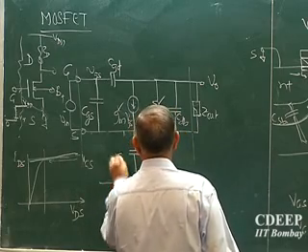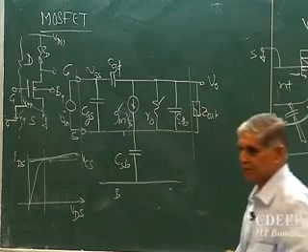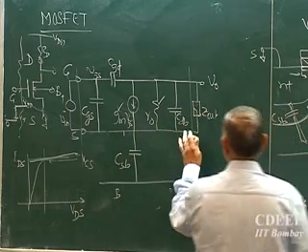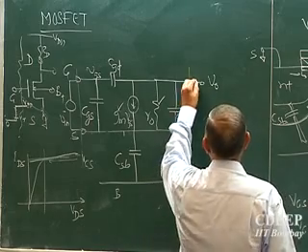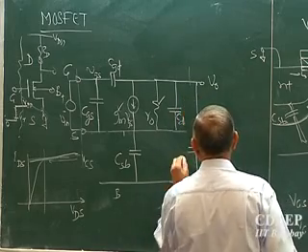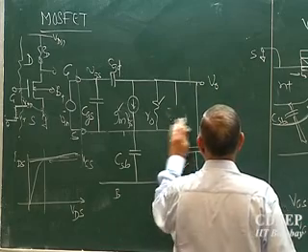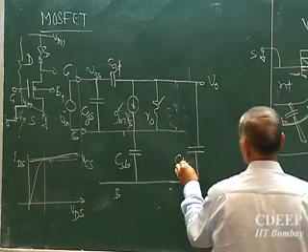If this is your bulk, this is CSB. Is that correct? Between drain and bulk, there is a capacitance which is CDB.